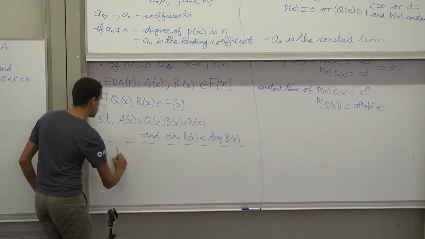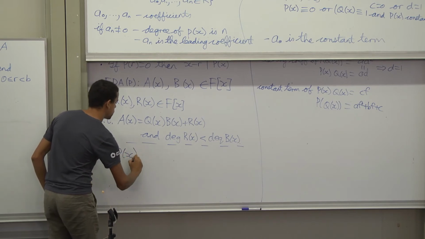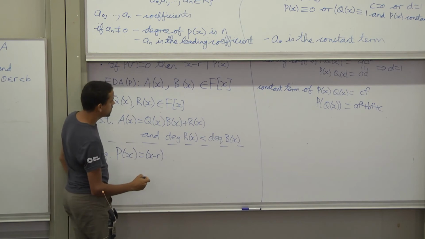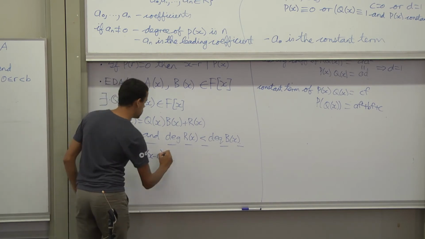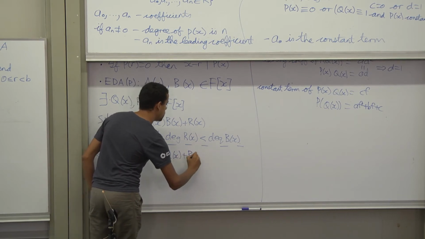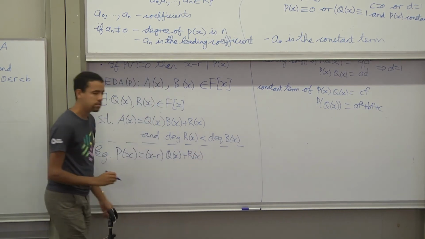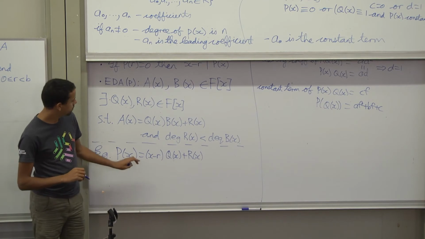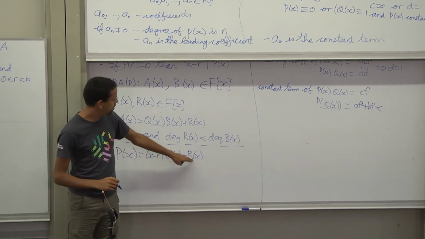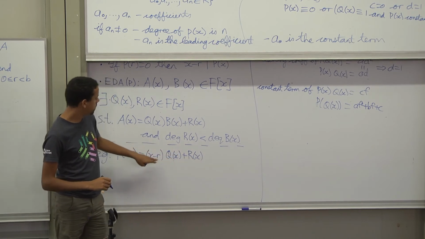So I can always write p of x as x minus r times some other quotient plus a remainder. And we know we can always do this in such a way that the degree of r is less than the degree of this.